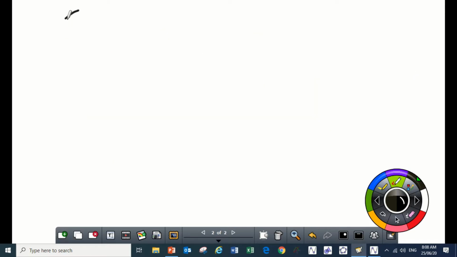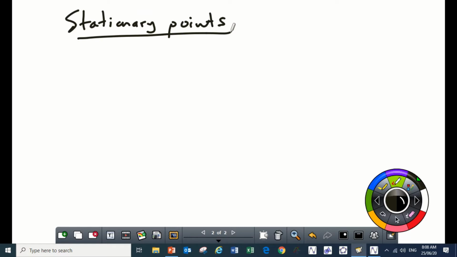Okay, let's find the stationary points. For you to find the stationary points, remember I told you that you need to find your first derivative, and then you must equate the first derivative to 0.